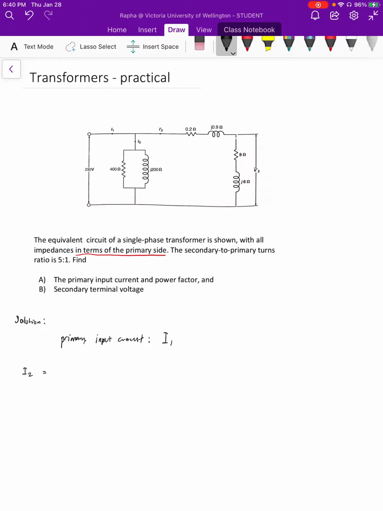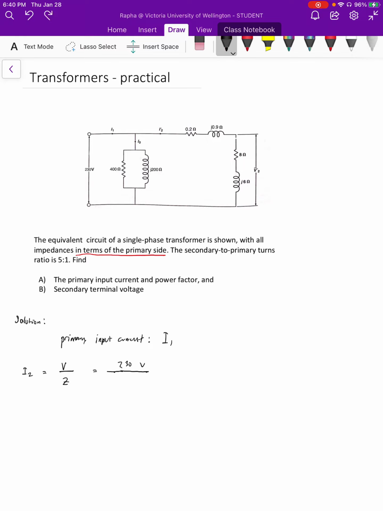So I2 is equal to V over Z. In this case, we have 230 volts divided by the vector addition of the two impedances.